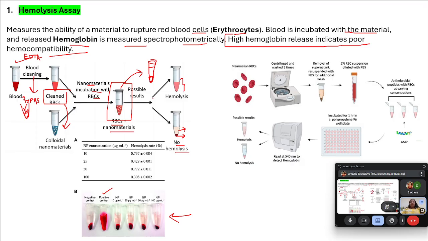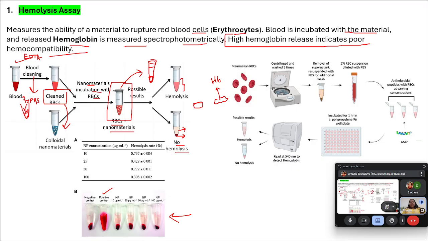Now, if your nanomaterial is causing hemolysis, what would happen is, suppose this is intact RBC, but once this RBC is damaged, it will release hemoglobin, right? Now, in this case, what is happening?